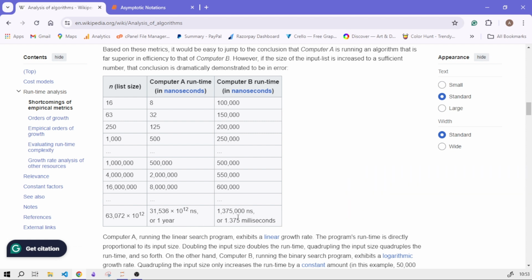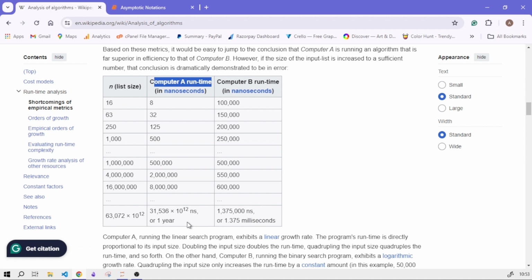So as you can see, despite being a powerful computer, computer A is not able to solve this particular problem using its algorithm within a really efficient time. You want your algorithm to be solvable within a specific time. You do not want to run your algorithm for a year or 2 years, so that's not really feasible.